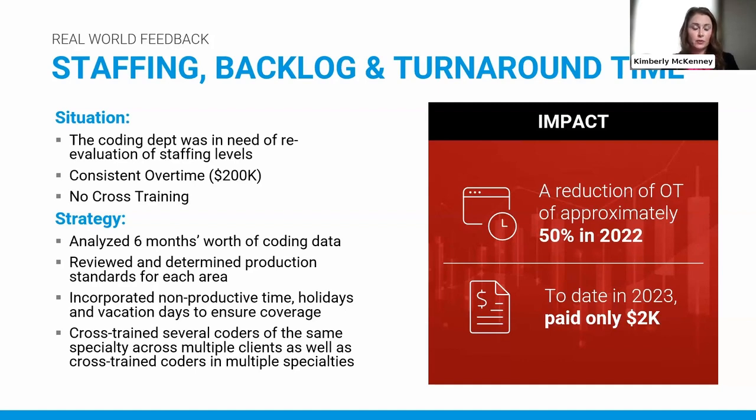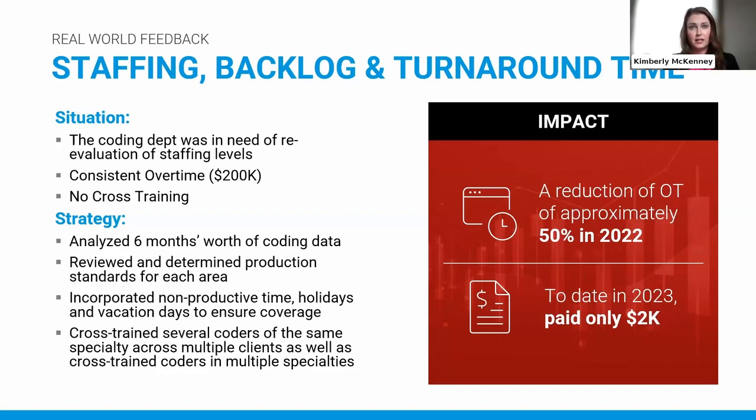So, I evaluated what our volumes were, calculated what staffing I needed using those tactics I talked about, really taking into account all the PTO and the holidays and the vacation time that would be used. We completed cross training of our coders in the same specialty amongst different clients, and cross training amongst different specialties.